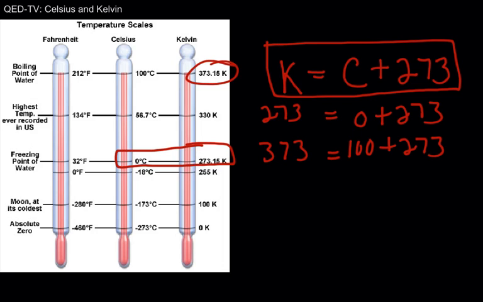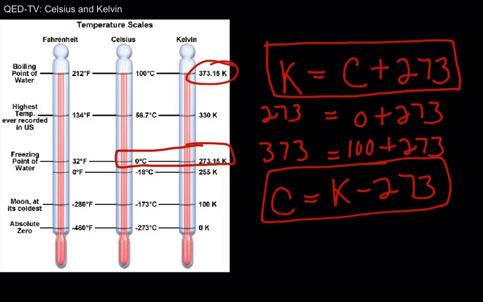If I want to convert something from Celsius to Kelvin, all I do is add 273. If I want to convert something from Kelvin to Celsius, then all I would do is take the Kelvin and subtract 273 from it. So if I had 373 Kelvin, that's boiling in Kelvin, I would just subtract 273 and I'd find that boiling in Celsius is 100.